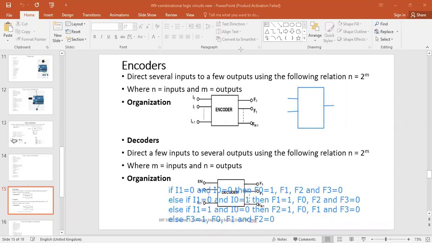And we can label them. This is I0, and the next one is I1, and our output will be given by F. When this is active, what do you think will be F?